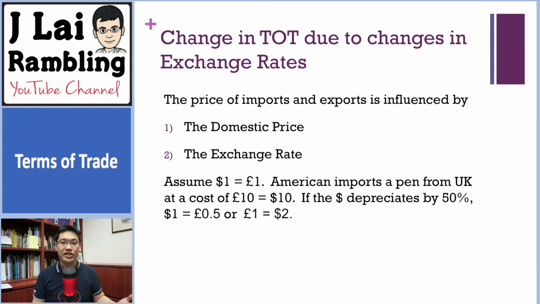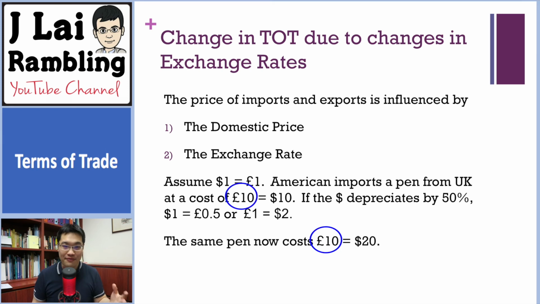If the dollar depreciates by 50%, $1 is equal to half a pound, or £1 is equal to $2. The same pen that cost £10 before now requires $20 as opposed to $10. So in this example, I'm just showing you the case where the price of imports is actually influenced by the exchange rate as well, even if the price of the pen in the UK doesn't change.